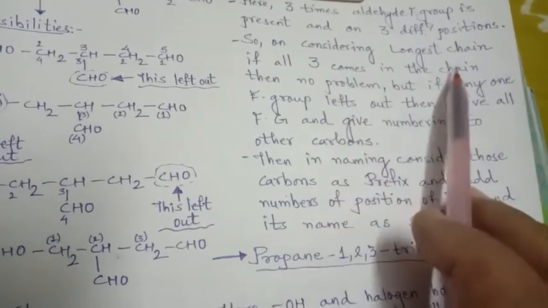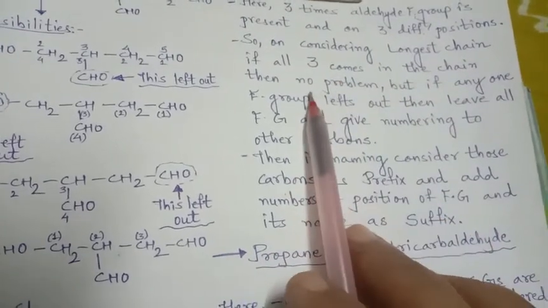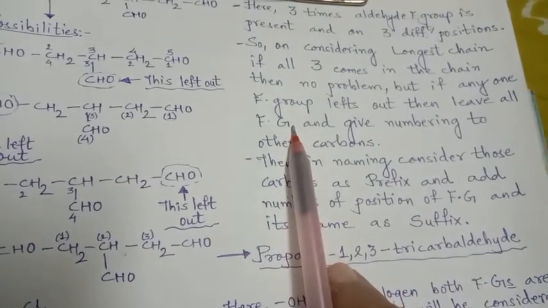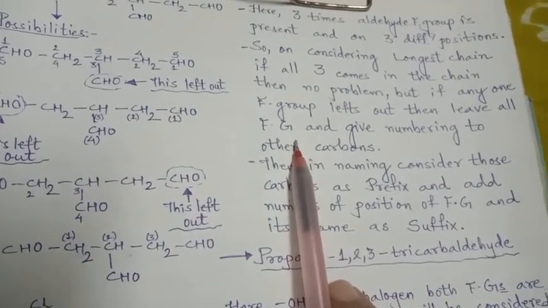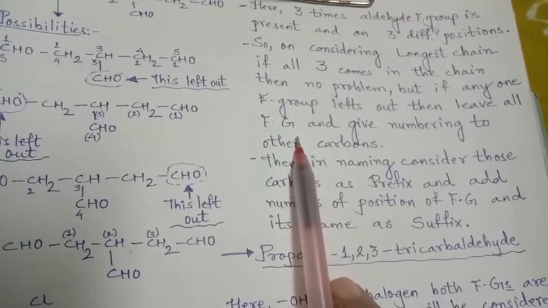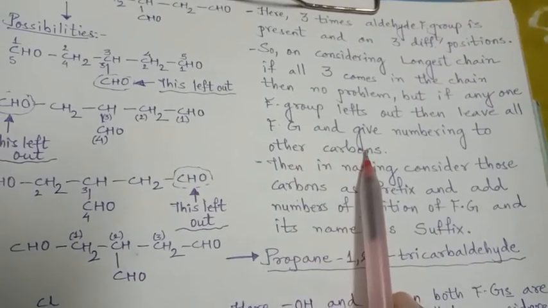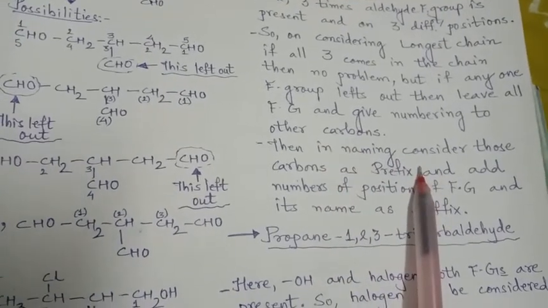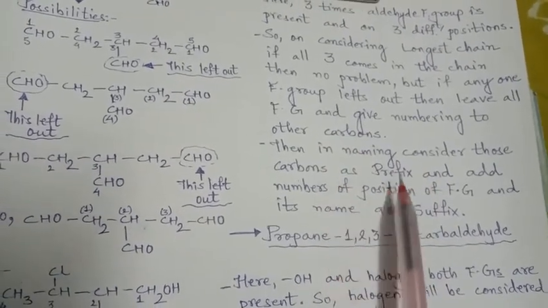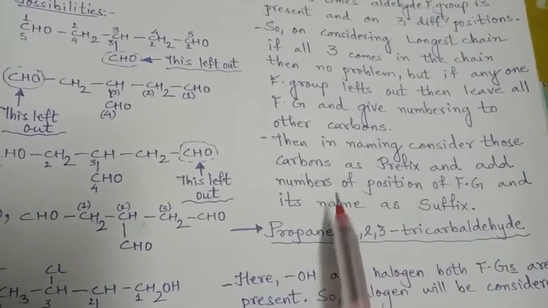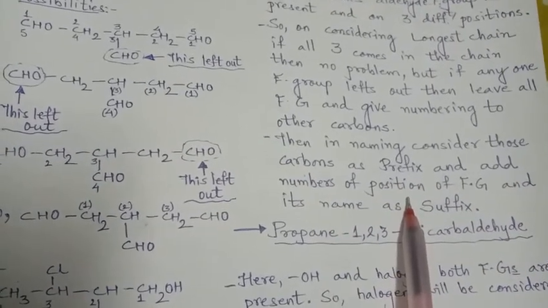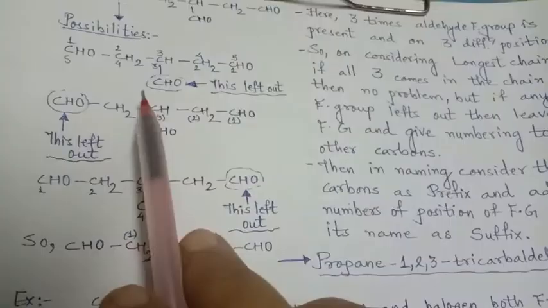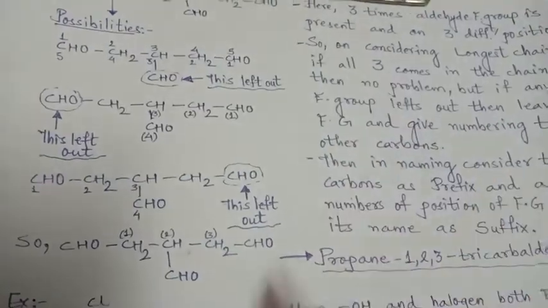On considering longest chain, if all 3 come in the parent chain, no problem. But if any one group is left out, then leave all functional group. Then we will not consider any functional group, and we will give the numbering to the other carbons. And then in naming, we have to consider those carbons as prefix, and we have to add numbers of position of functional group in the suffix. See, let us see this so you will understand this right up.